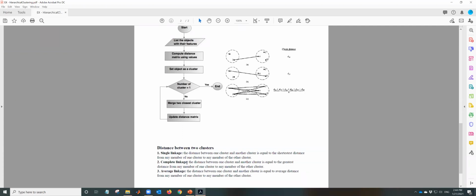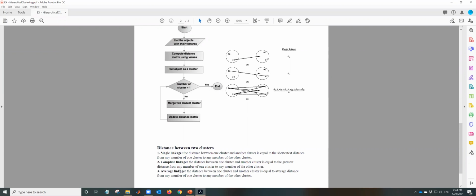And complete linkage is where the distance between one cluster and the other cluster equals the greatest distance from any member to any member of the other cluster. That means you see here 1 and 5 is the greatest distance among all observations in these 2 clusters. So this is D15.